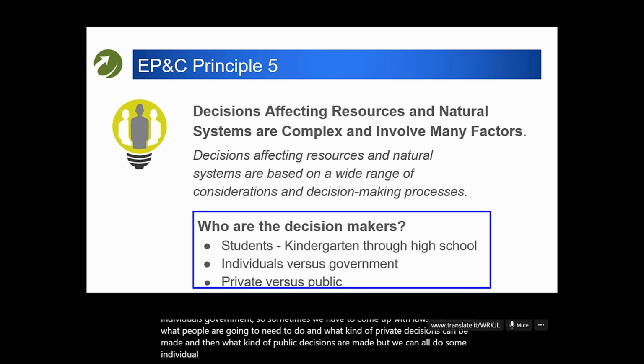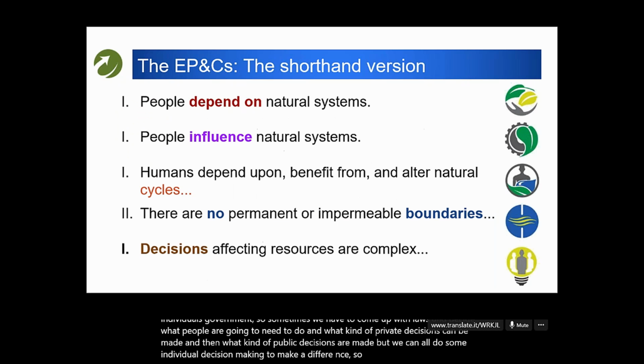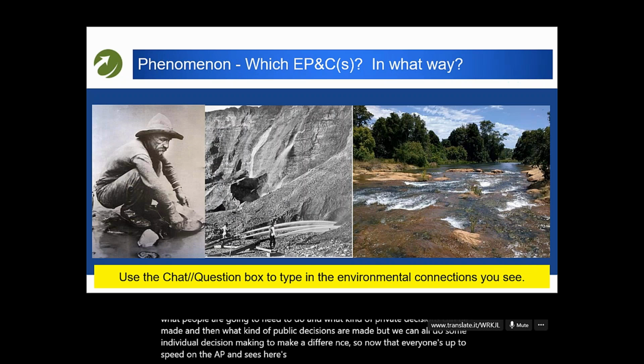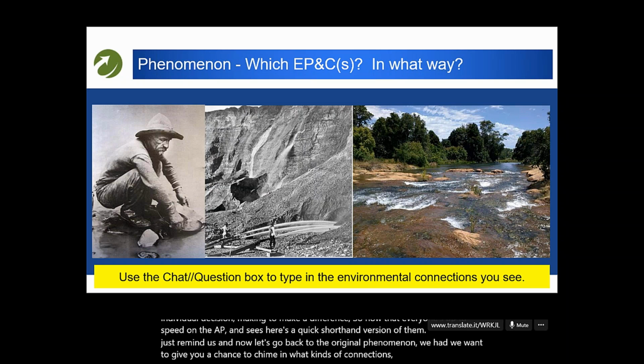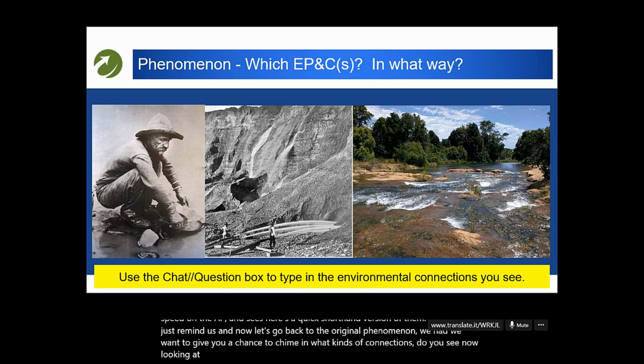Okay, so now that everyone's up to speed on the EP&Cs, here's just a quick shorthand version of them, just to remind us. And now let's go back to the original phenomena we had. We want to give you a chance to chime in. What kinds of connections do you see now, looking at this event that occurred over time and looking at the river that's a part of this?